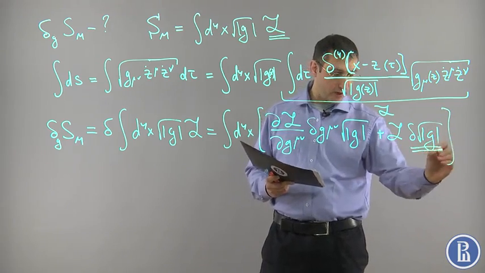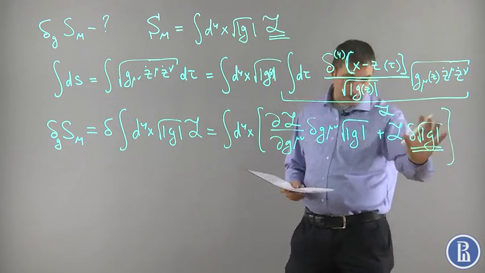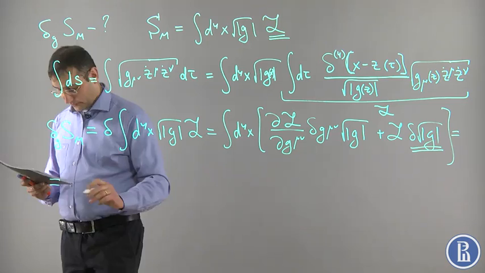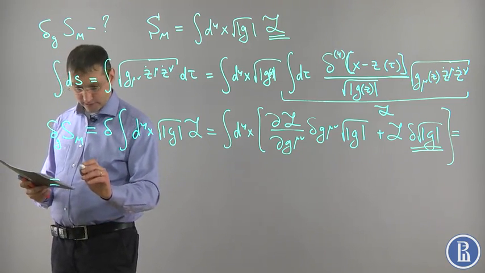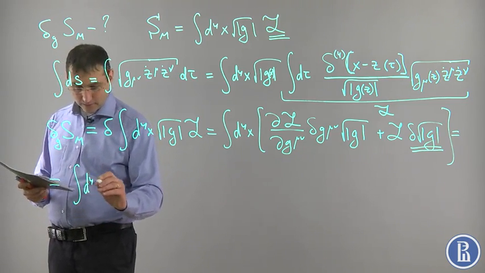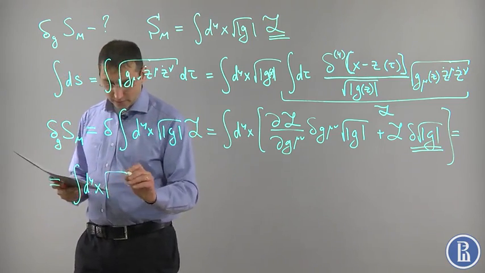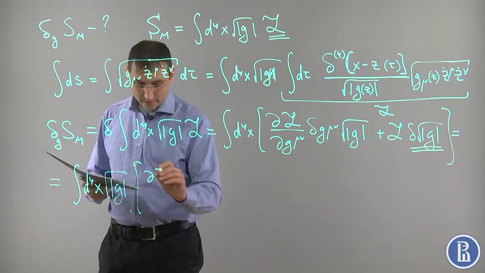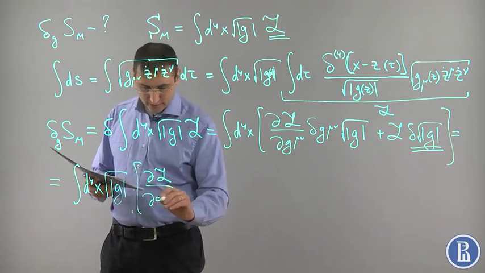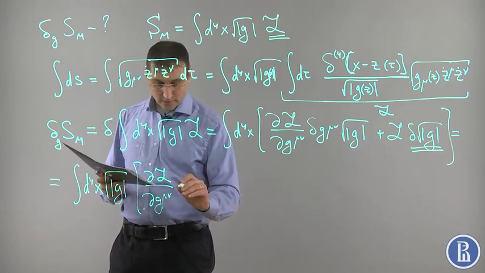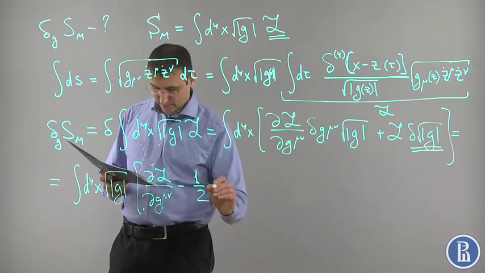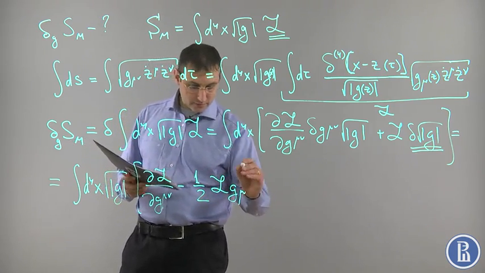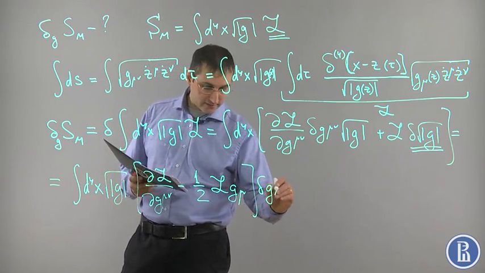Well, this we already know. So using that expression, we can rewrite this as d4x square root of modulus of g times dL over dg mu nu minus 1/2 of L times g mu nu, times the variation of g mu nu.